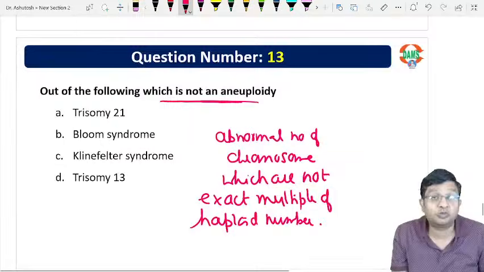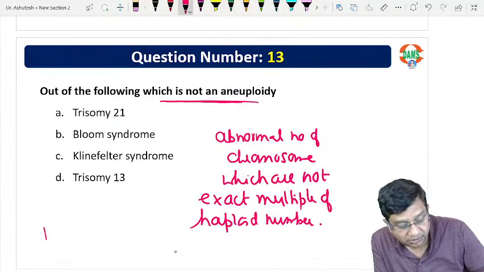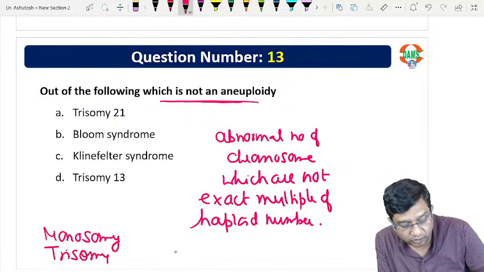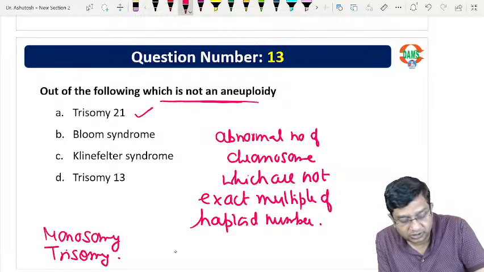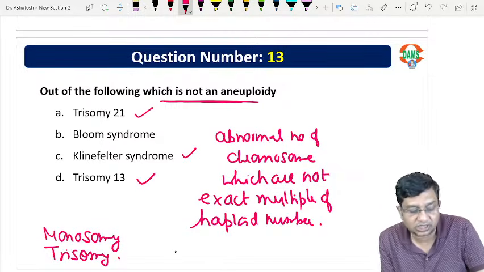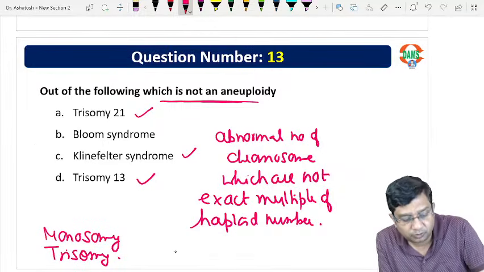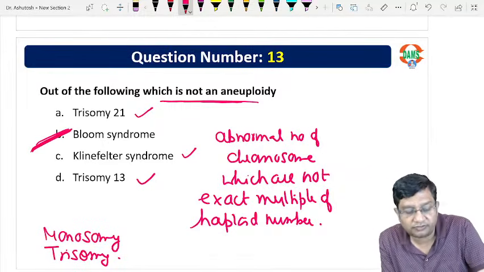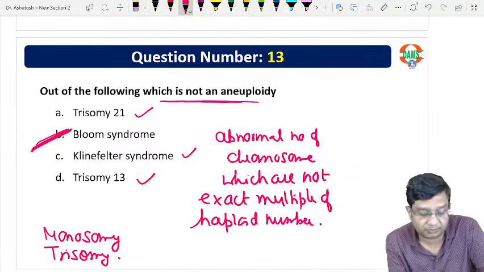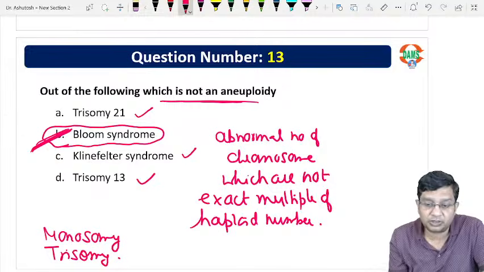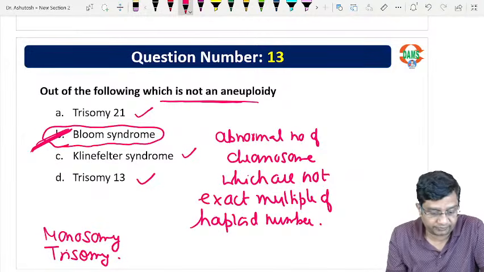So all monosomies and trisomies are considered to be aneuploidy. So this is a trisomy, this is again a trisomy, this is a trisomy. But Bloom syndrome is a disorder of DNA repair, a defect in DNA repair. So this is particularly not an aneuploid.